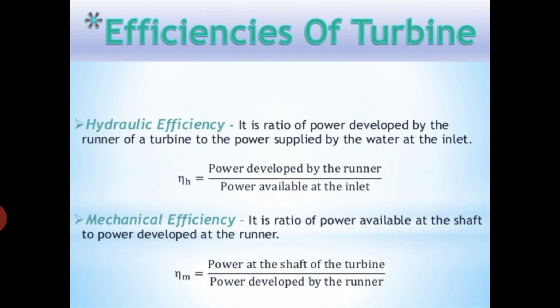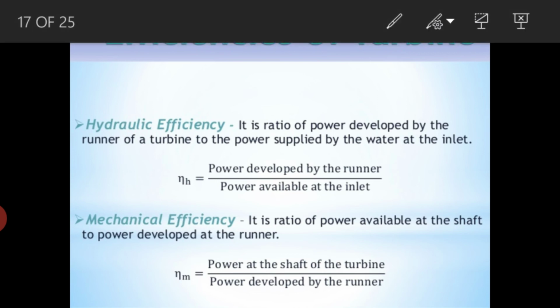Mathematically, hydraulic efficiency, eta h, is the power developed by the runner to the power at the inlet of the turbine. Next, the power supplied by the water at the inlet to the turbine is given as rho q g into h. So we can write the power available at the inlet of the turbine, P, equal to rho q g into h.